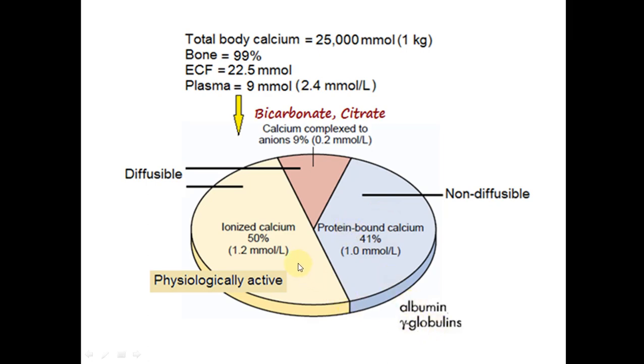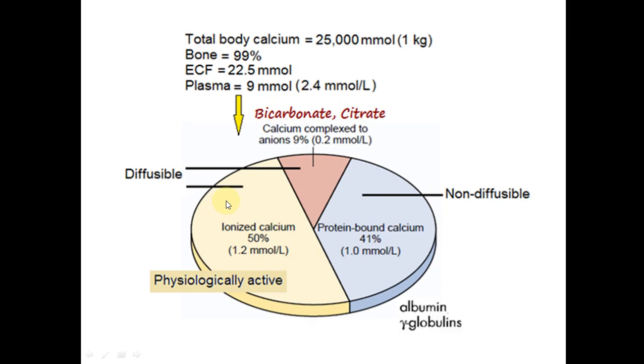Nine percent of the diffusible portion of the calcium is bound to complexes forming bicarbonate and calcium citrate complexes, and this calcium can't be used by the cells because it is complexed to bicarbonate and citrate.